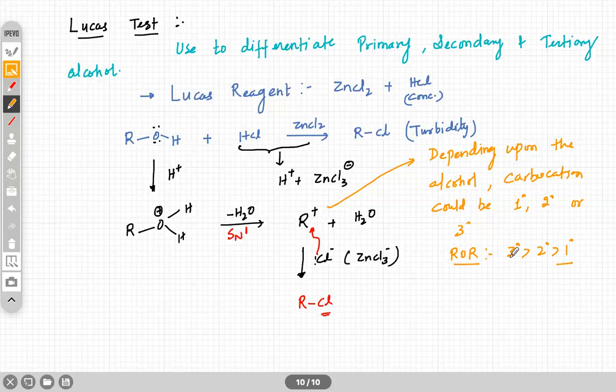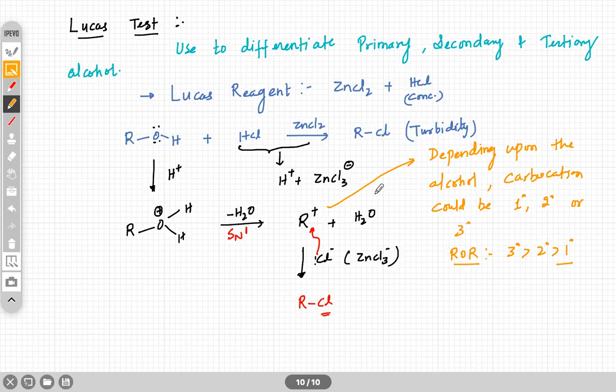Suppose you have a compound that you need to test, whether it is 1 degree, 2 degree, or 3 degree. Suppose you have 3 compounds, one is 1 degree, another 2 degree, another 3 degree alcohol, and you do not know which is which. The structure is not given.